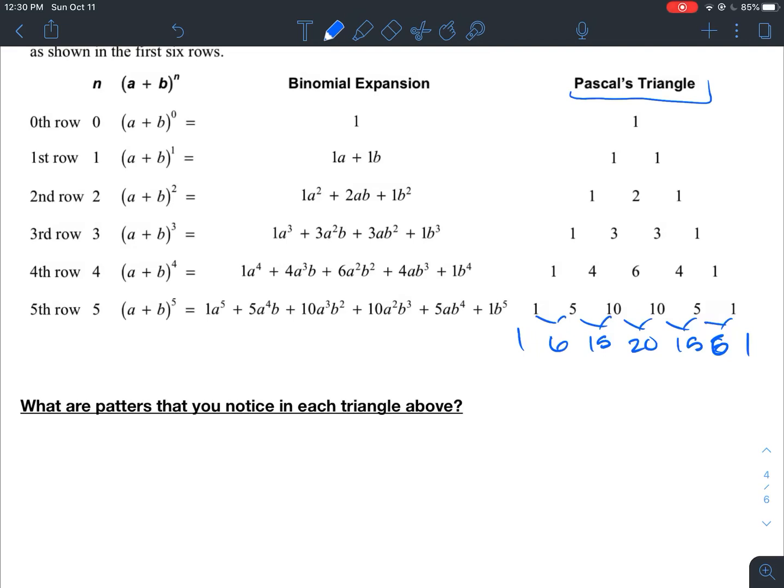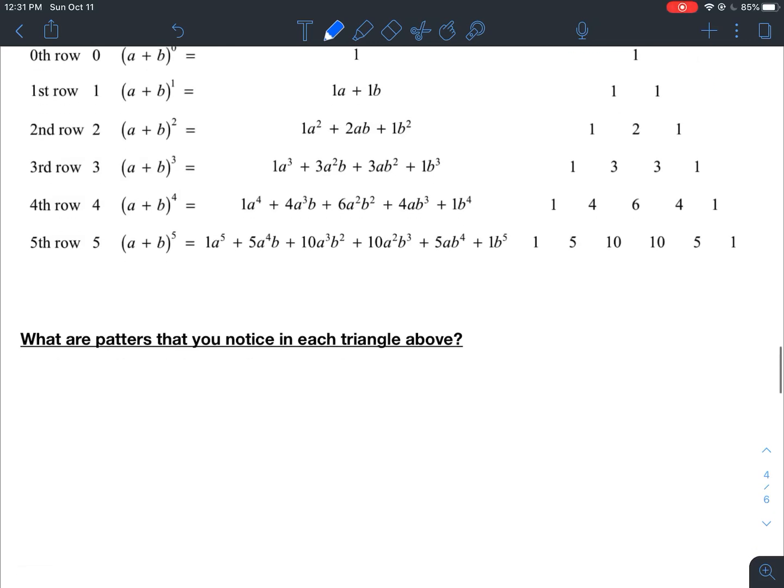Okay, so you could actually keep this triangle going just by using that right there. And so that's the first pattern, that each number inside is the sum of the two numbers above it.